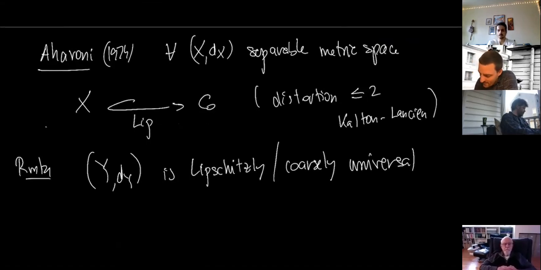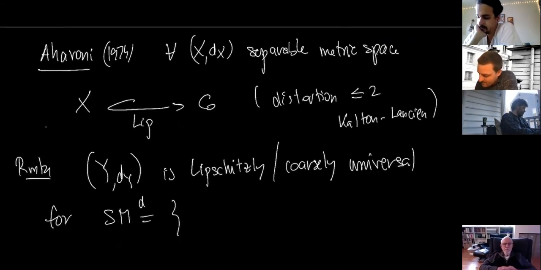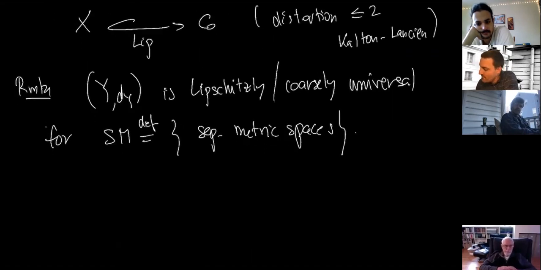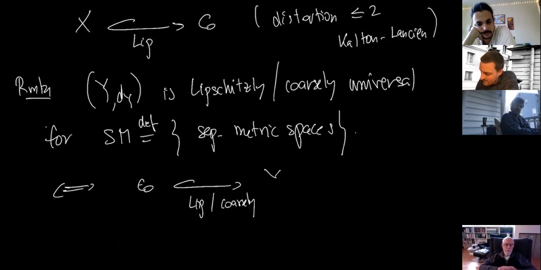But if I'm interested in the class of separable metric spaces, showing that a metric space is Lipschitzly or coarsely universal for the class of separable metric spaces, I just need to show that c0 Lipschitzly embeds into Y or coarsely embeds into Y. Because of Aharoni's theorem, right?